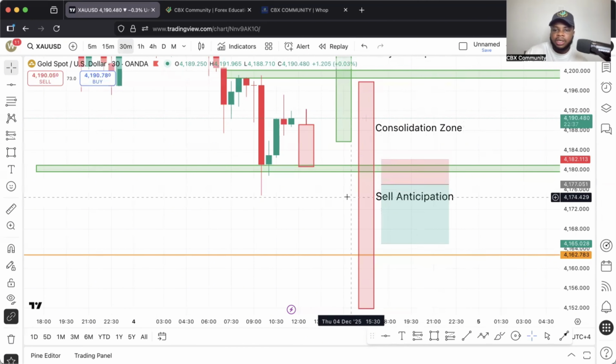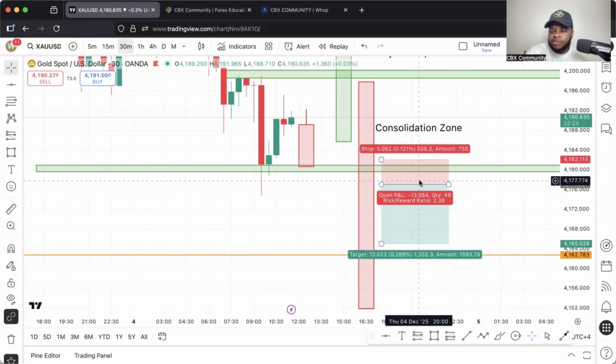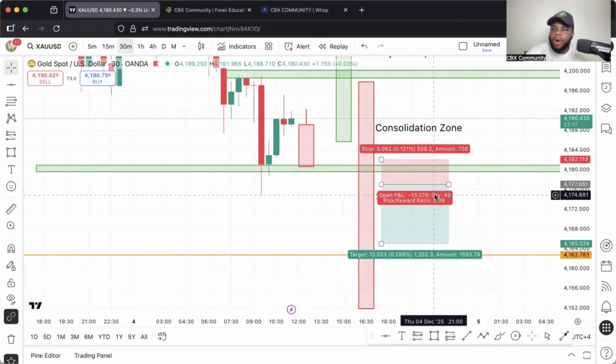Your first trade, you lose. That means you are down 50 pips. Your second trade, you lose. That means you are down another 50 pips, that is 100 pips. Then your third trade, you win. So one trade covers 2 of your losses, and you will still be in profit with 20 pips.